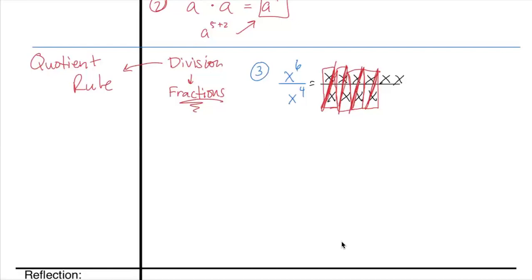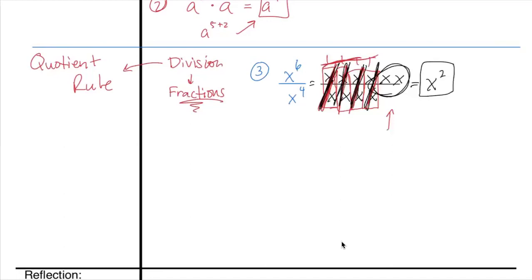I can't, because there are no more x's on the bottom. 1 times 1 times 1 times 1 is still 1, and 1 times x is still just x. So in essence, they cancel out. All we're left with is x to the 2nd power on top.